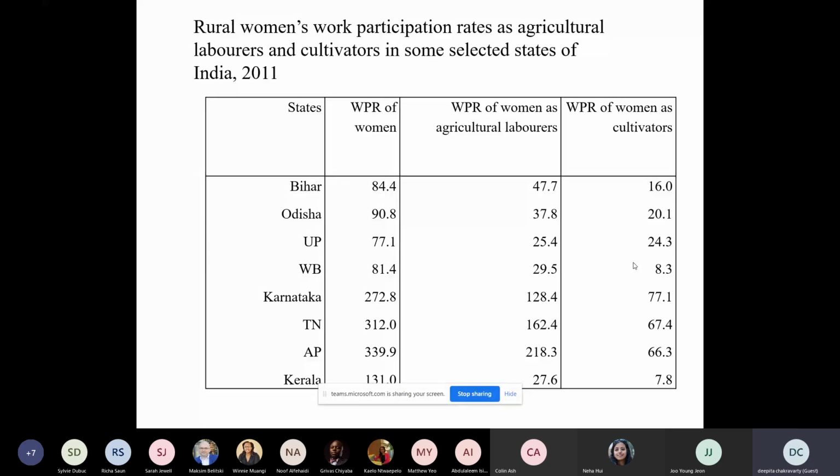This can be documented from the colonial censuses.